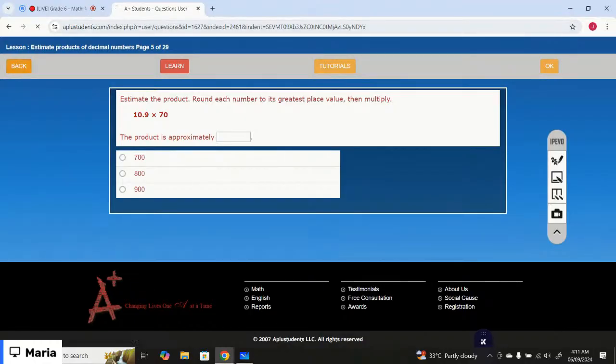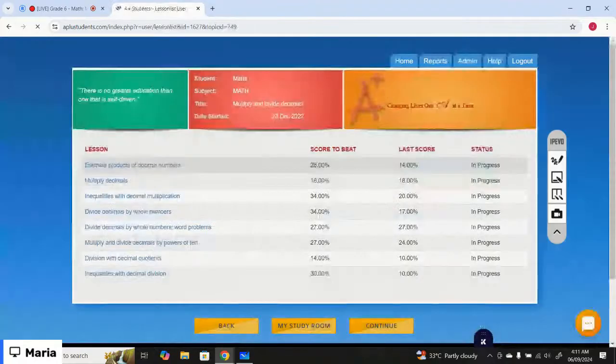And the next lesson is multiply decimals.